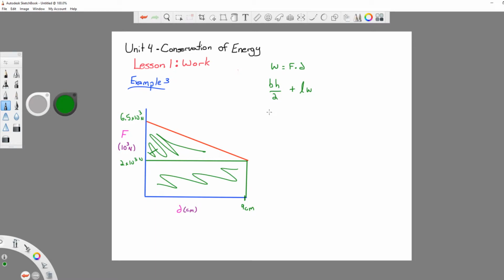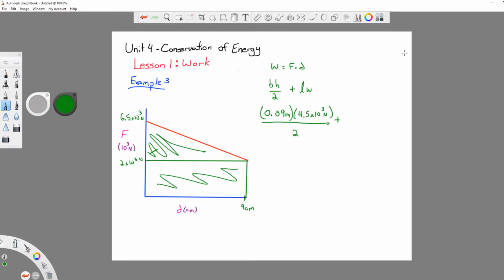I got to convert that into meters, so it's going to be 0.09 meters. That's going to be multiplied by the height of this thing, which is going to be 4.5 times 10 to the 3 newtons. I'll put that in brackets too. Why not? Whole thing's divided by 2.